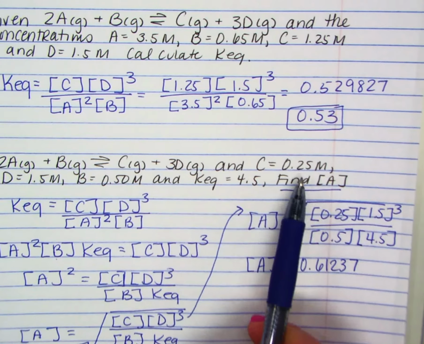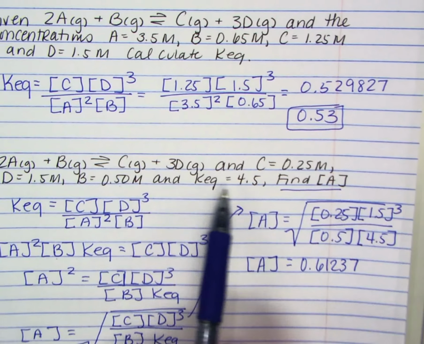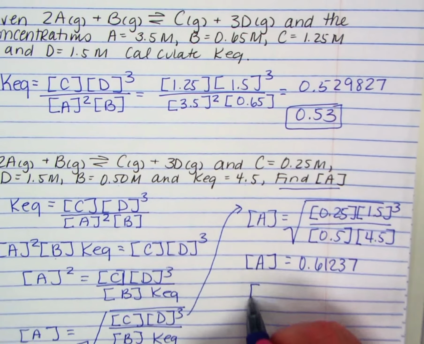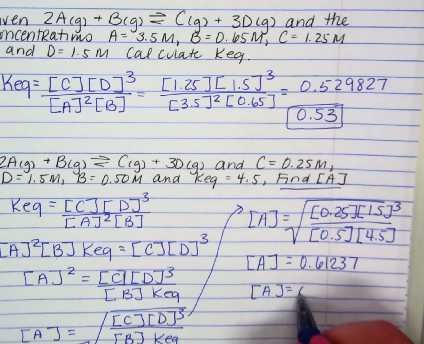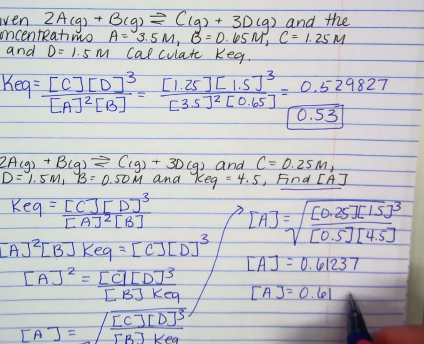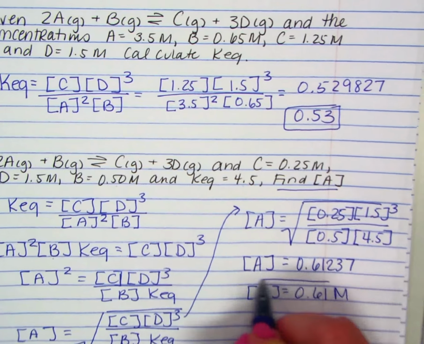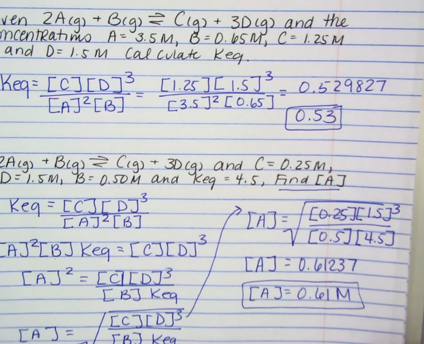Go back to my sig figs, 2, 2, 2, and 2, so A is 0.61, and then unlike KEQ, remember concentrations do have a unit, so it's going to be M for molarity.